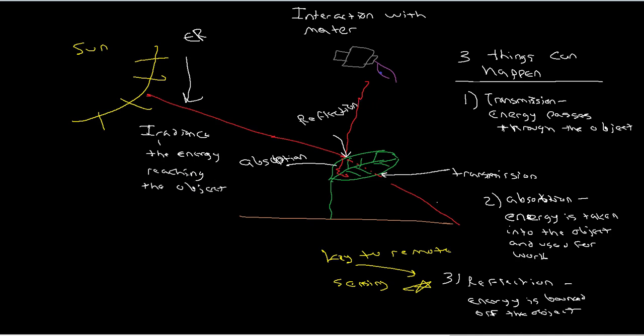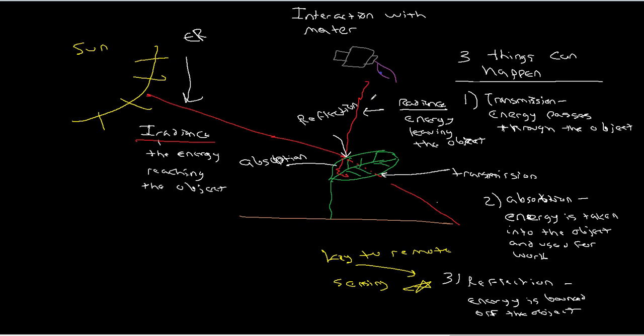And then we have radiance, which is the energy leaving the object. So we have irradiance, energy coming in, and radiance, energy coming out.